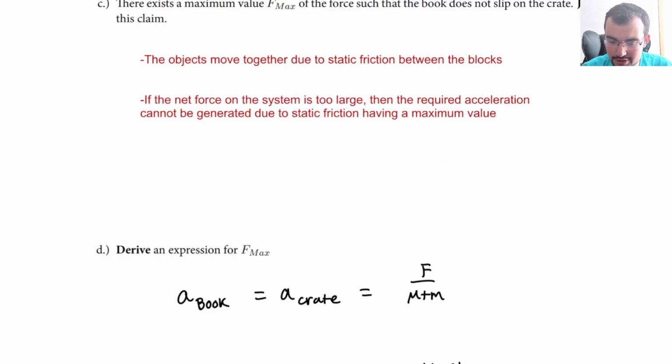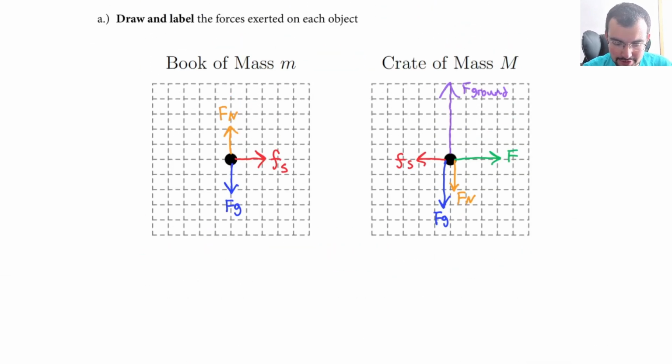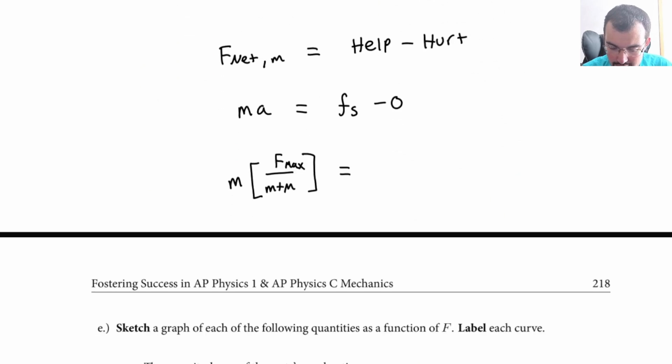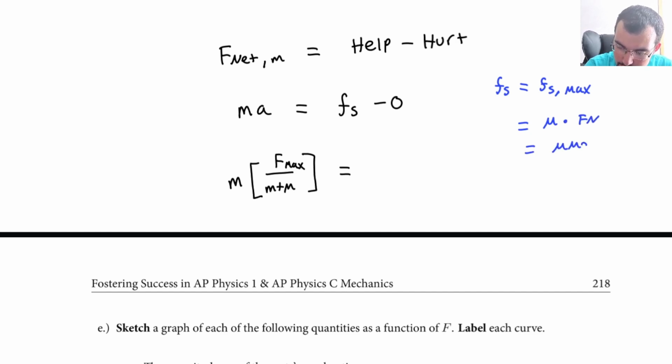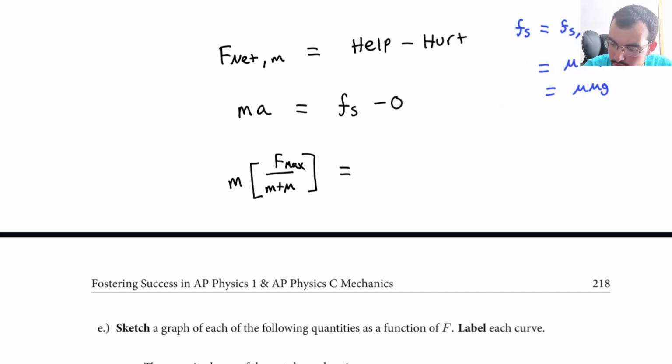And then static friction. Well, if we look at our diagram over here, there's nothing interesting happening here. So Fs is going to be equal to Fs max, which is just mu times the normal force, which is mu mg. Little m for the book, so I want to make that clear. This is equal to mu times little m times g.